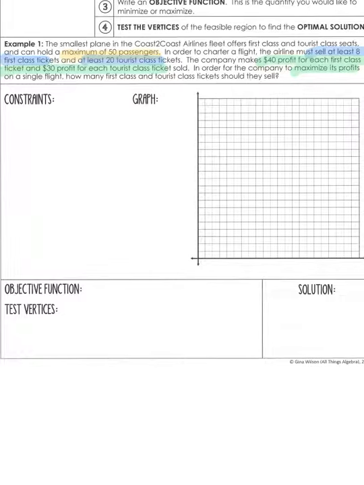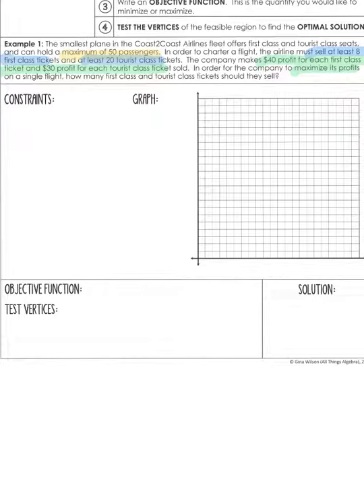So we have to define our variables. What is it that we don't know? If we're trying to find out, always go to the question: how many first class and tourist class tickets should they sell? That's what I'm going to define my variable as. So I'm going to start, before I do constraints, and define my variables.